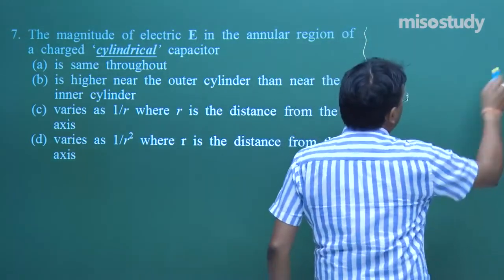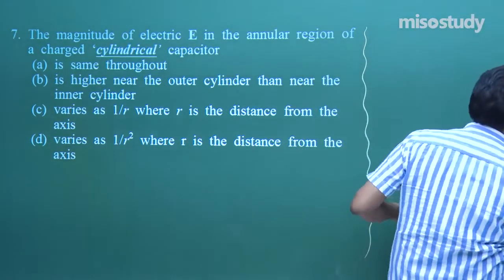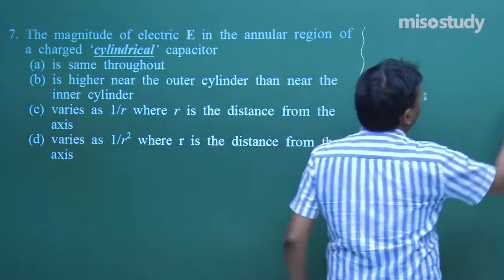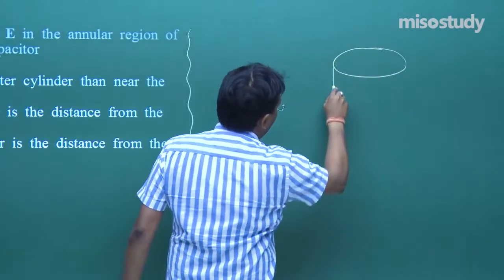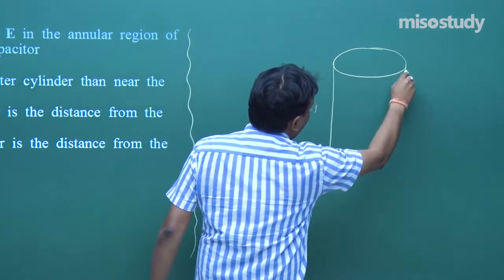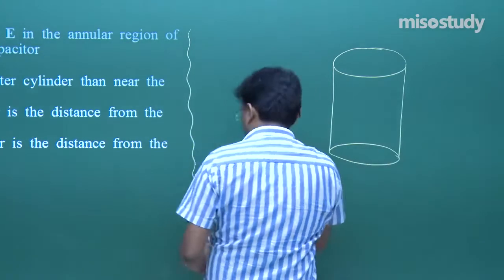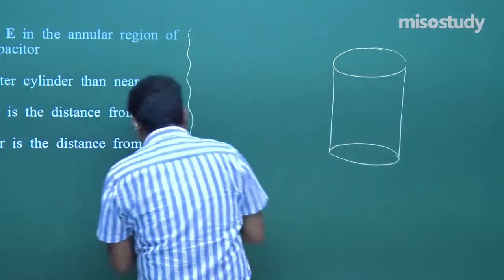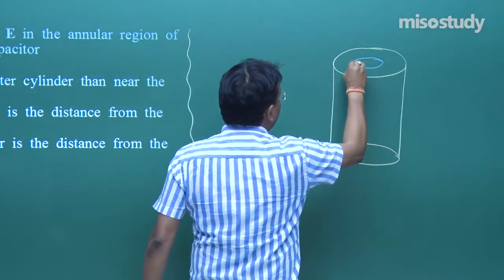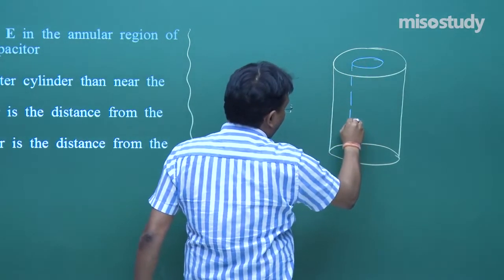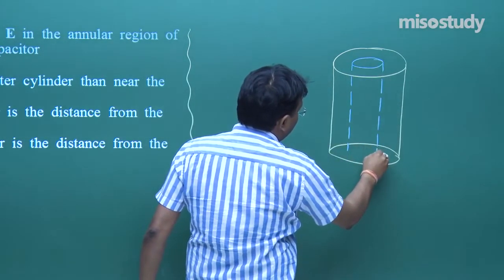It is like this: it is the outer cylinder, and in this outer cylinder, this blue color is the inner cylinder, dotted because it is from inside.